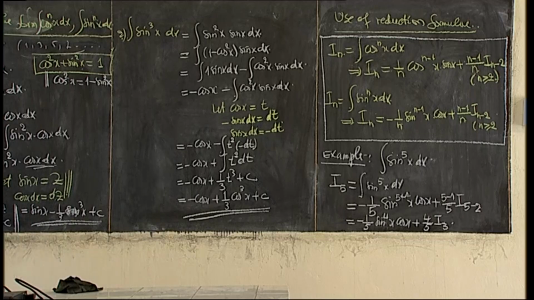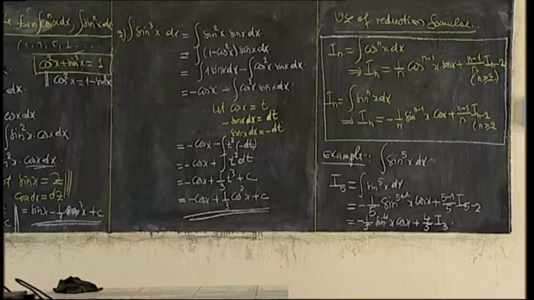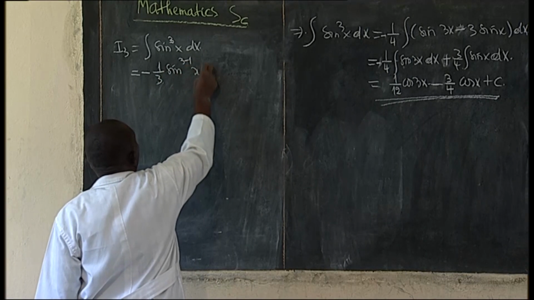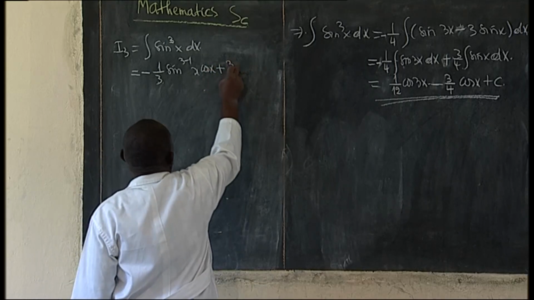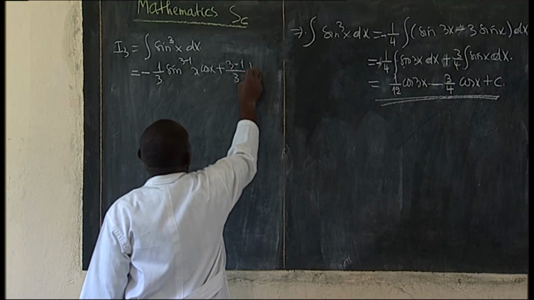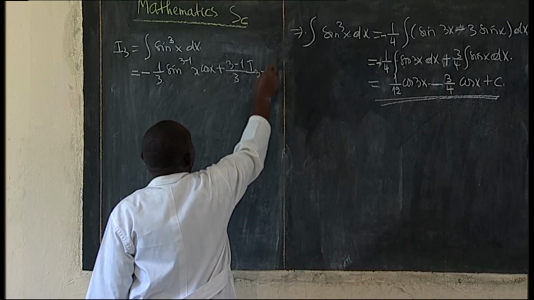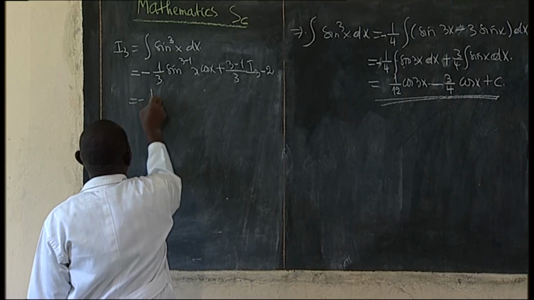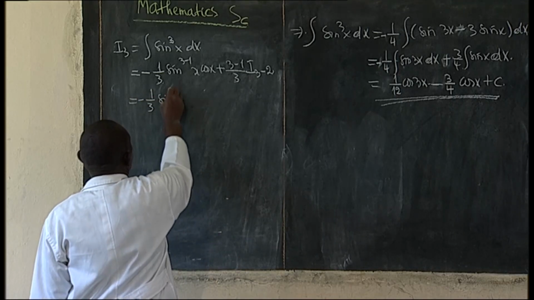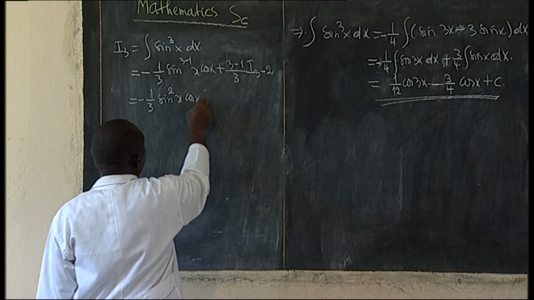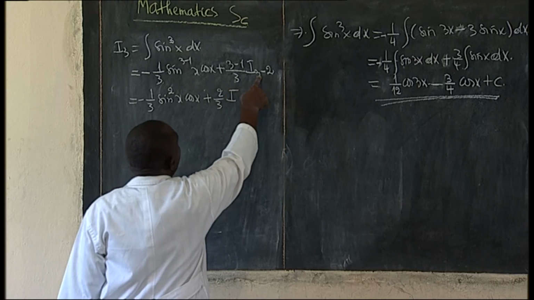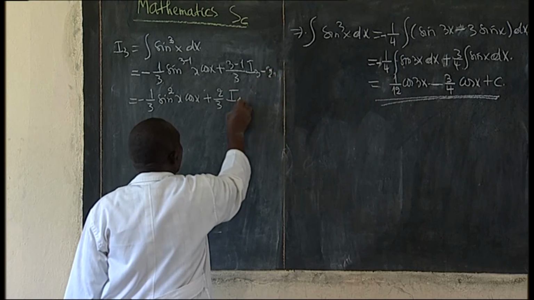Still using our formula, it will be minus 1 divided by 3, sine^(3-1) x times cosine x, plus (3 minus 1) divided by 3, I_(3-2). Are we together? So this is minus 1 divided by 3, sine squared x times cosine x, plus 2 divided by 3, I_1.